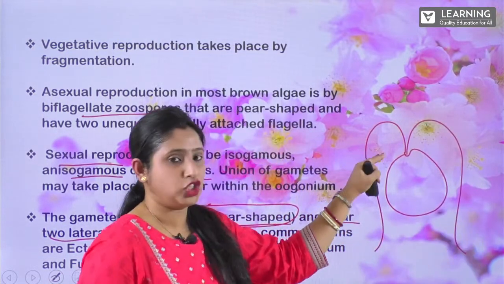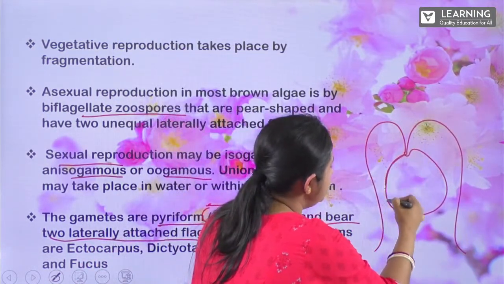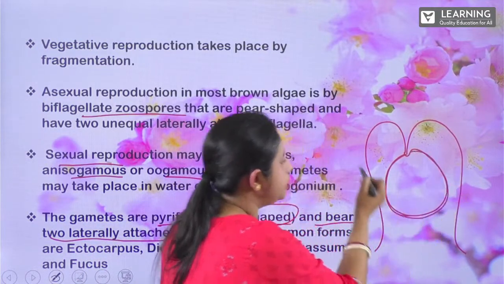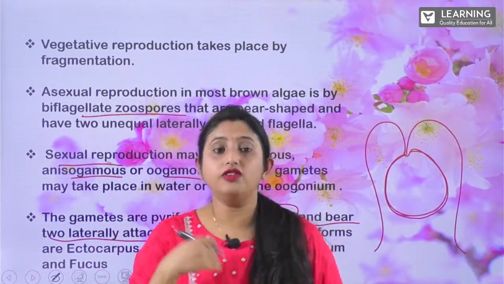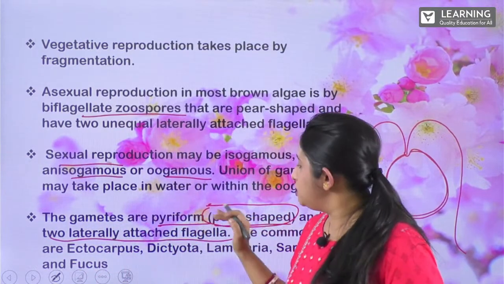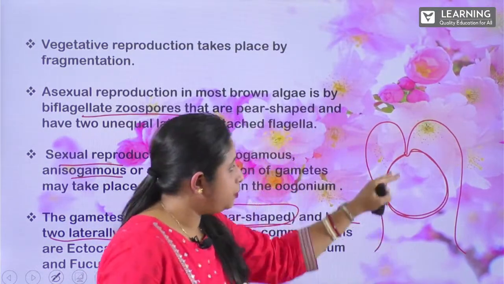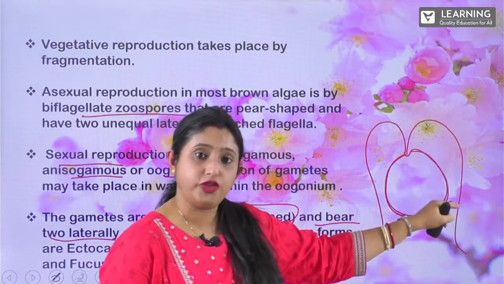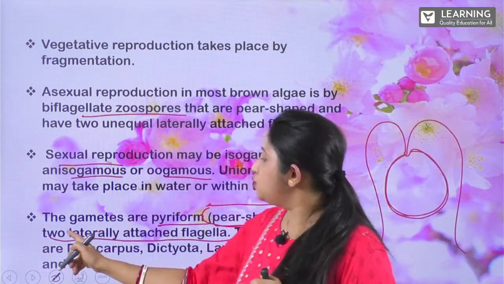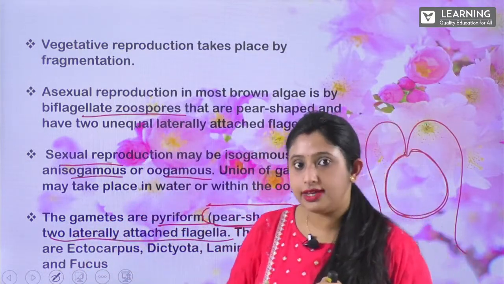These are the two flagella, and the shape looks like a pear. So the gametes are pear shaped and possess two laterally attached flagella. Clear?